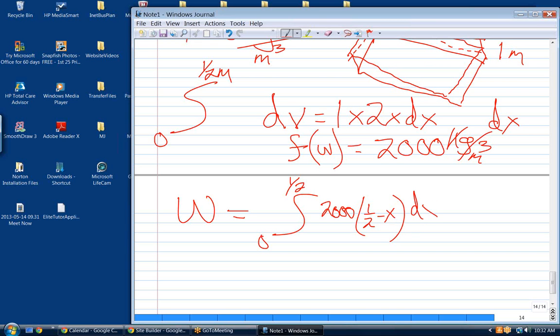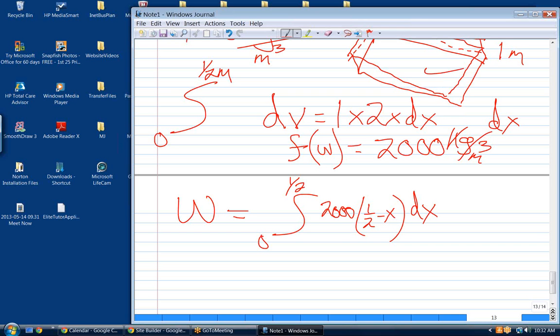So this should be the equation that's going to measure the entire work done lifting this. Well, it's actually not a variable force. It's a constant force, but we're going to lift at a variable distance. This is a little bit of a different work problem than the rope and bucket. Notice that the rope and bucket problem was a variable force. As you did work, the force changed. In this problem, as you do work, the force stays the same.